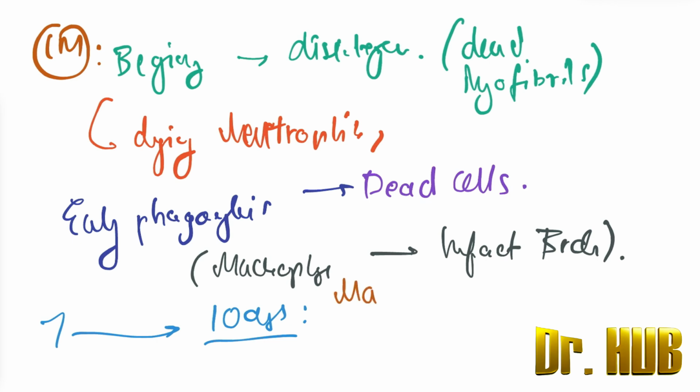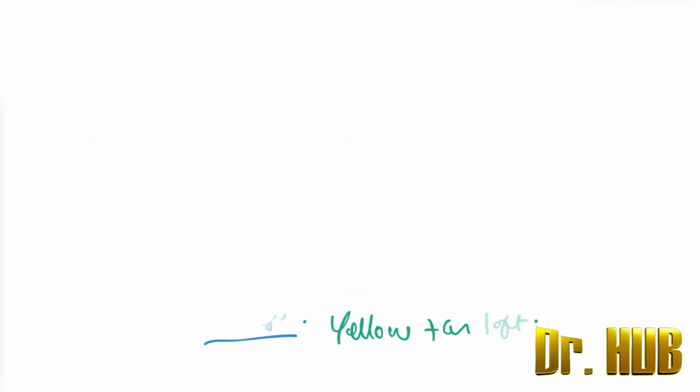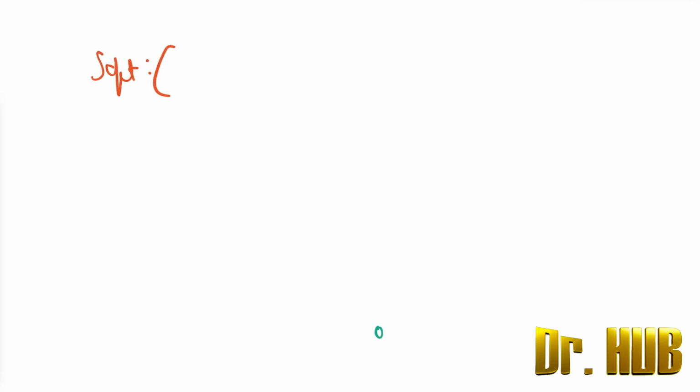There is maximal yellow-tan softening, along with depressed red-tan margins.